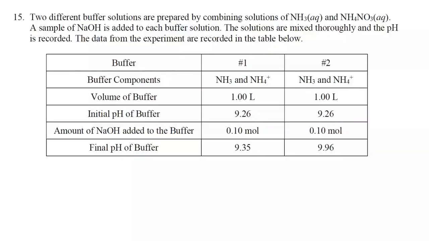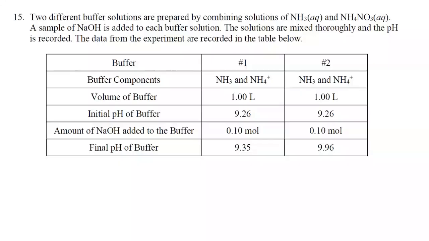So we have buffer number 1, which contains NH3 and NH4+. We have buffer number 2, which also contains those same buffer components. The volume of each buffer is the same, it's 1 liter. The initial pH of each buffer is the same, it's 9.26. And the number of moles of sodium hydroxide that was added to each buffer is the same, it's 0.10 moles.